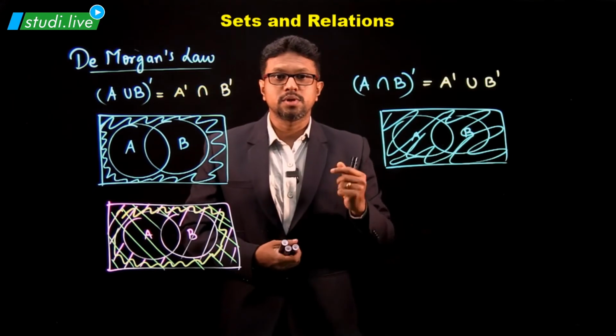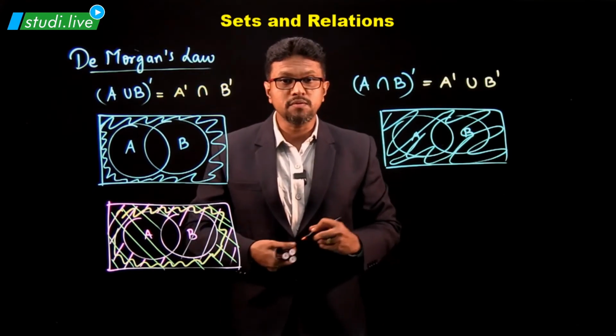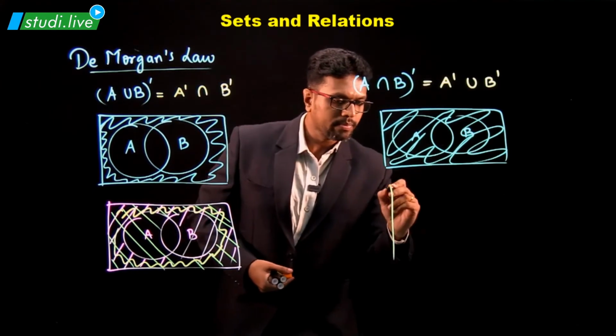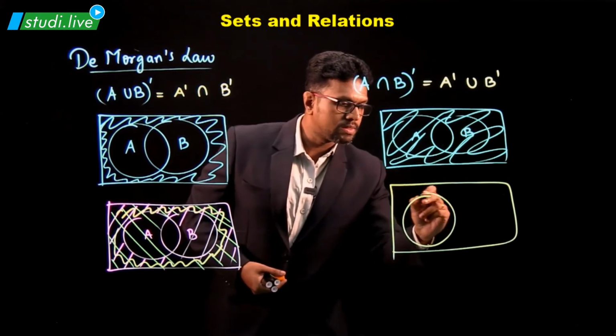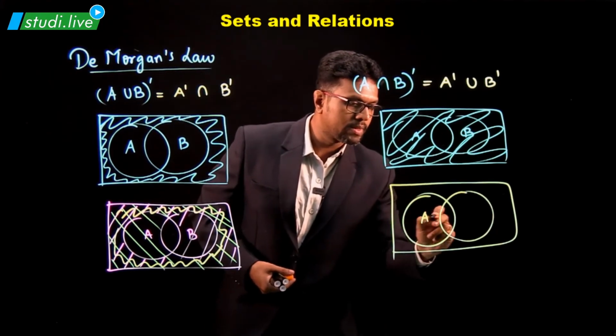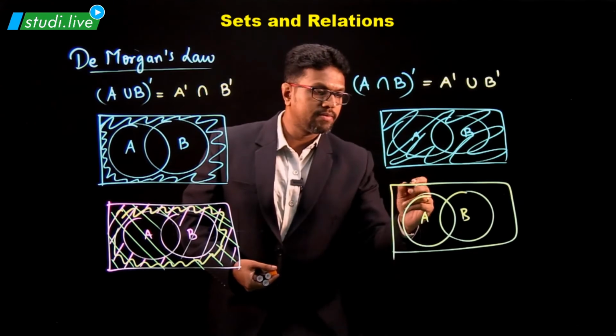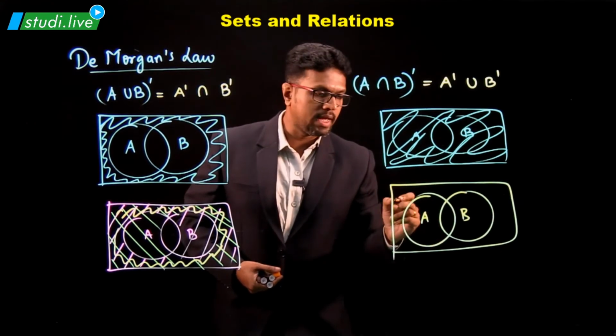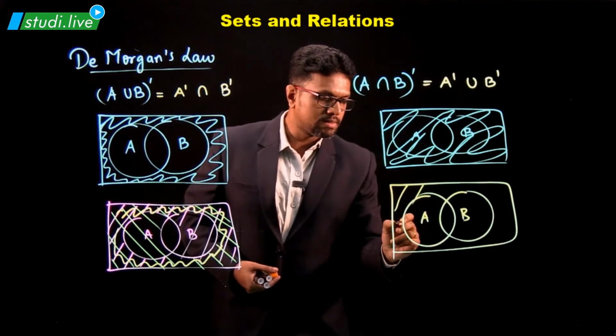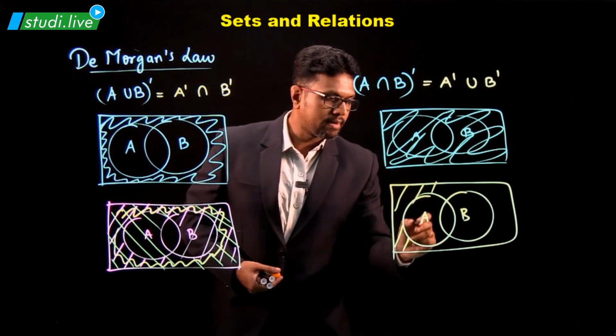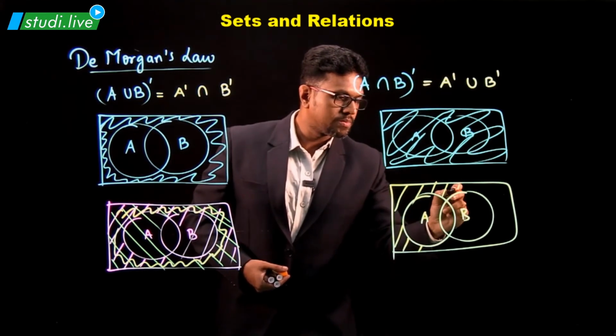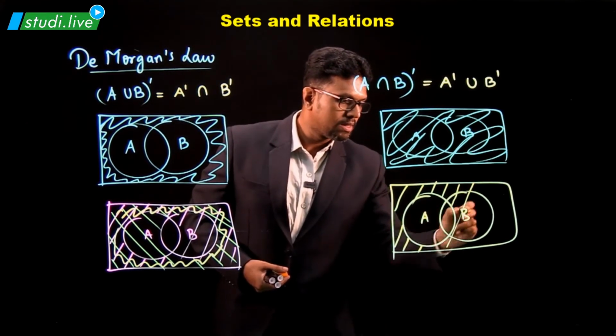Now let us see what is A complement union with B complement. So this is set A, this is set B. Now you know what is A complement? It is everything except for A. So this is A complement. So what I am shading over here is A complement.